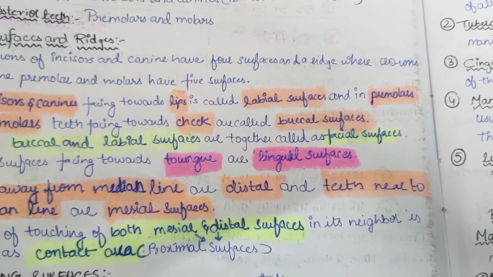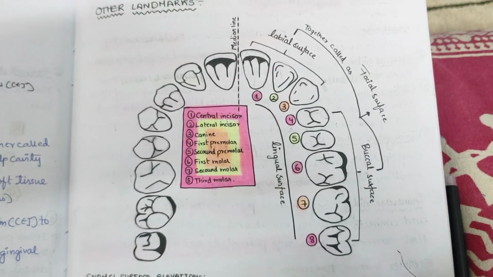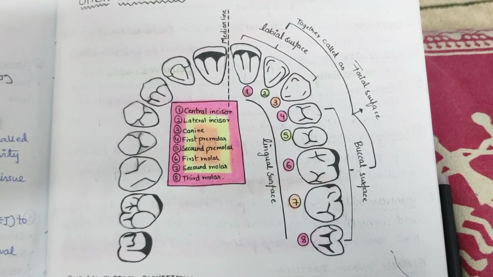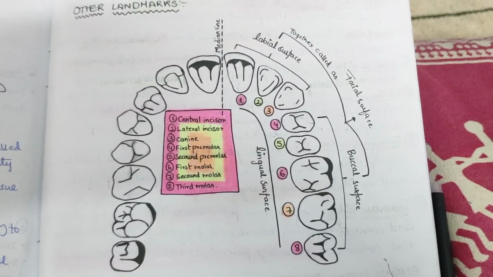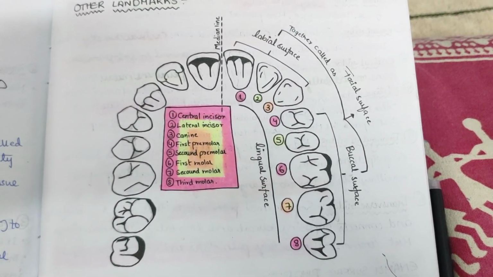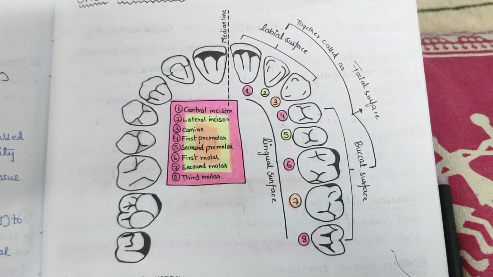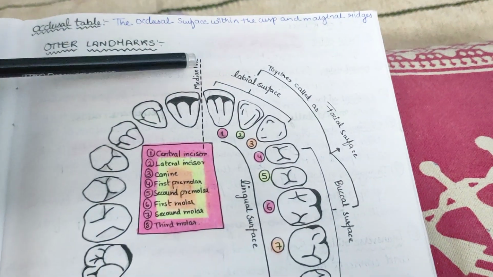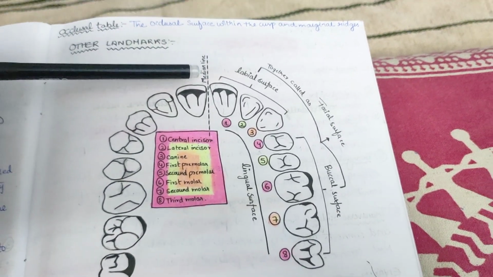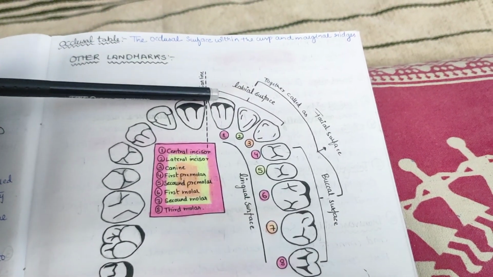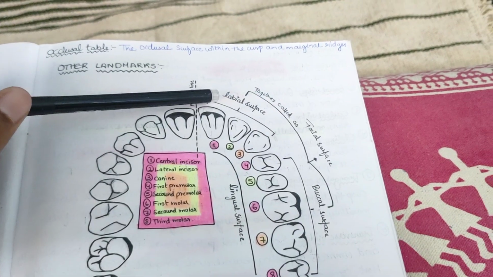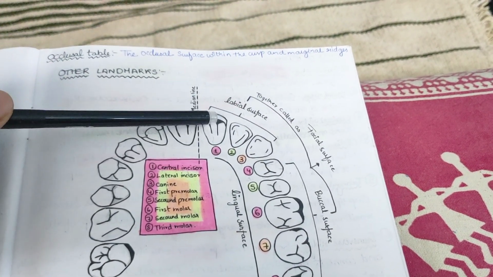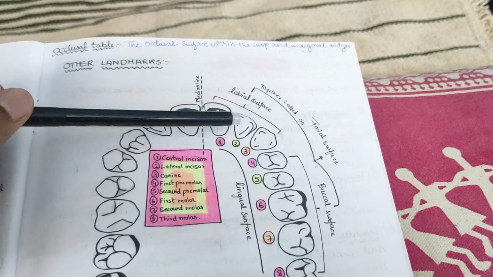Now let us see the other landmarks. Here you can see the picture of all teeth. The first tooth is the central incisor, the second lateral incisor, canine, first premolar, second premolar, first molar, second molar, and third molar. As we already learned, this line is known as median line or mid-sagittal plane. This surface is known as labial surface because it is facing towards the lips, and these are anterior teeth.